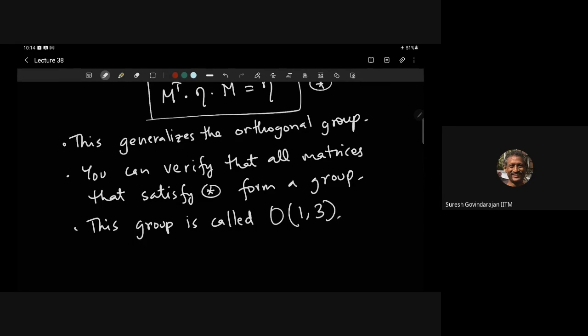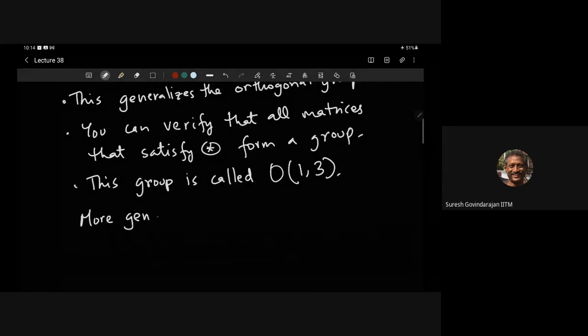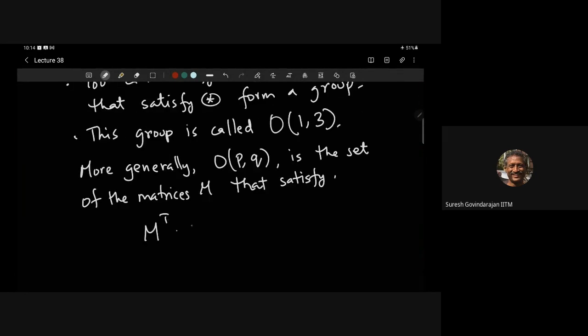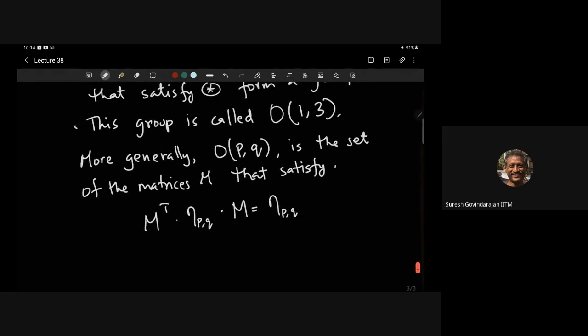Okay. So let me more generally define O(P,Q) as the set of matrices M that satisfy M transpose dot eta PQ dot M equals eta PQ, where eta PQ is diagonal with P plus 1s and Q minus 1s.